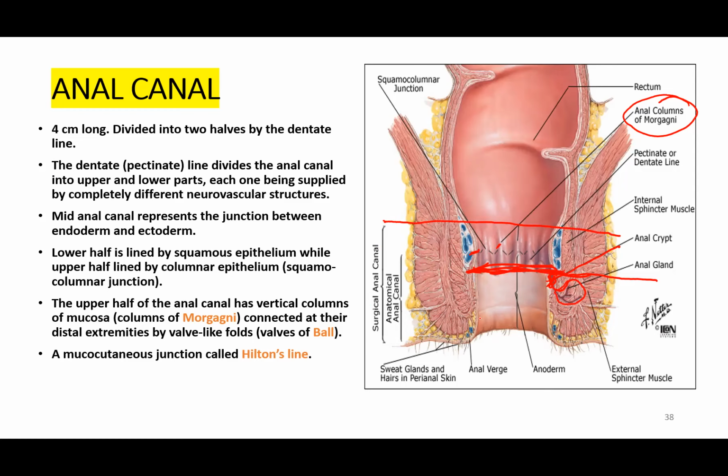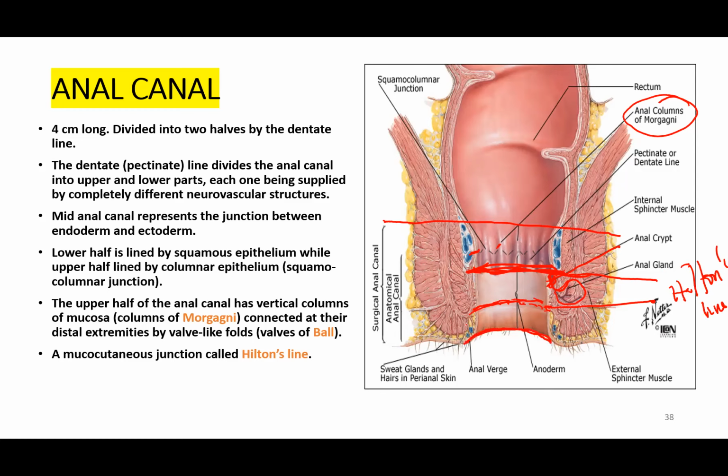Now, just beneath this lower half, you have a line that is the Hilton's line. It divides the lower half also into two. There's a point where you have mucocutaneous junction. That mucocutaneous junction is also called the Hilton's line. Then this outermost opening is called the anal verge.